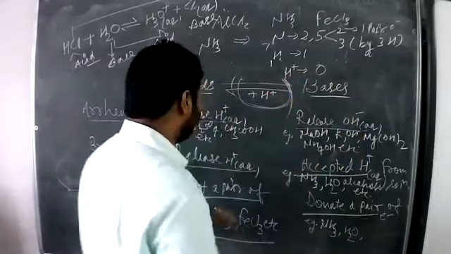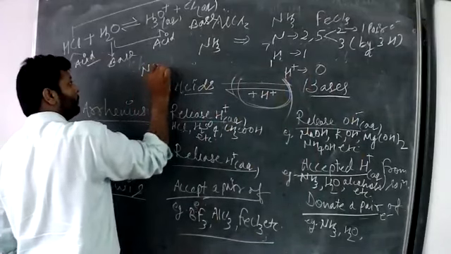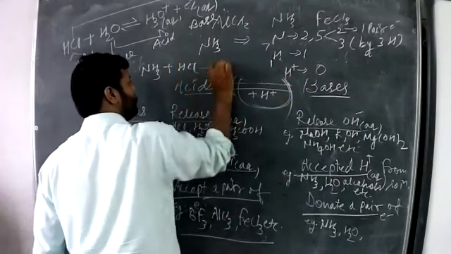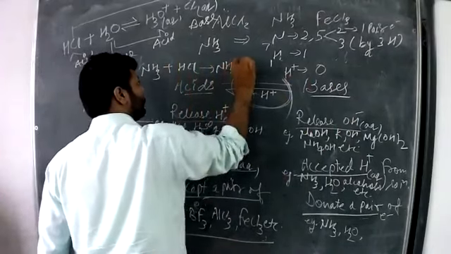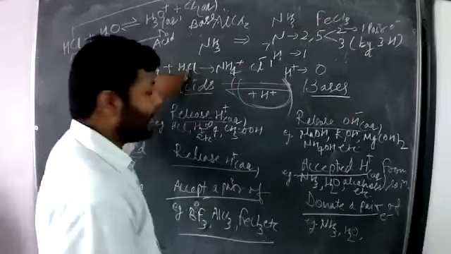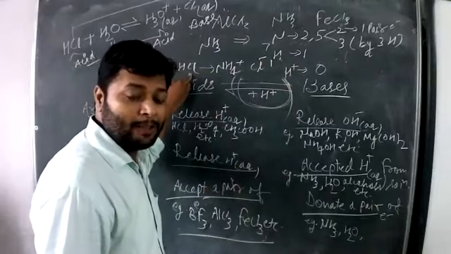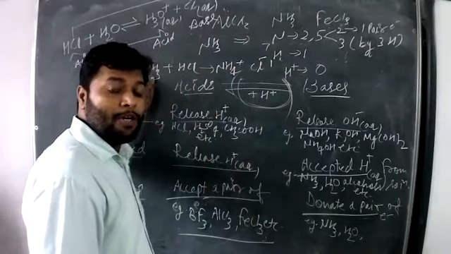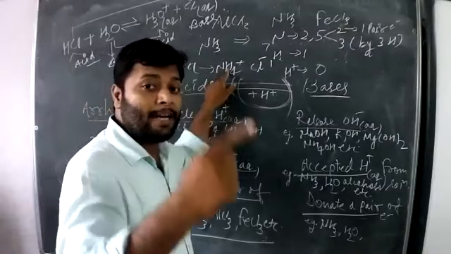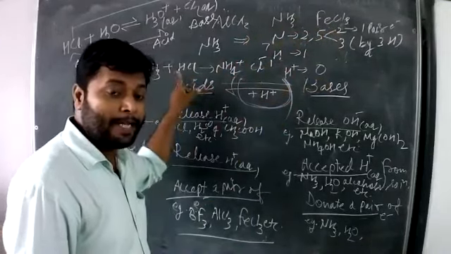And look at the condition again. HCl is an acid now. So it releases H plus, and the same H plus binds with ammonia, because ammonia can donate a pair of electrons and that same pair is accepted by H plus.